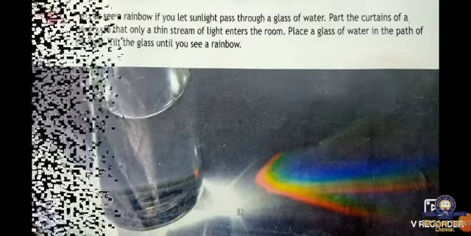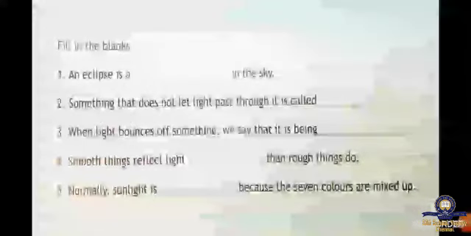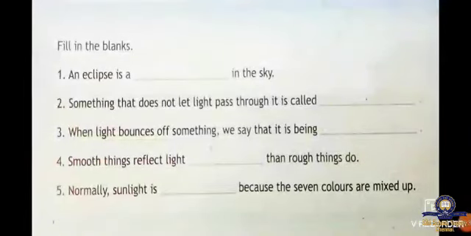Next we'll see the exercise, fill in the blanks. An eclipse is a dash in the sky: a shadow in the sky. Something that does not let light pass through is called opaque.